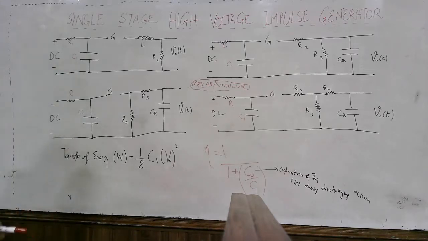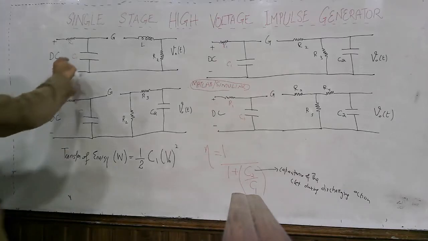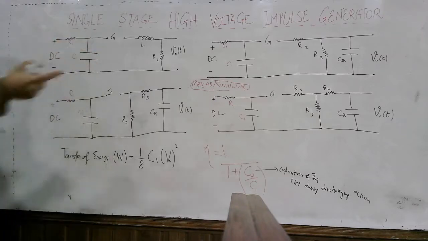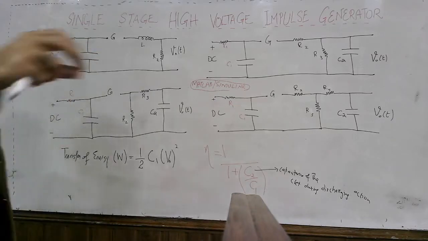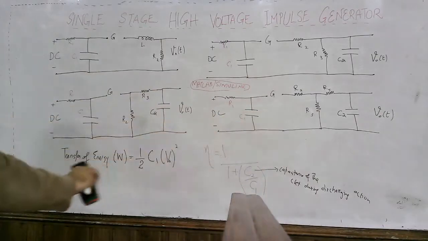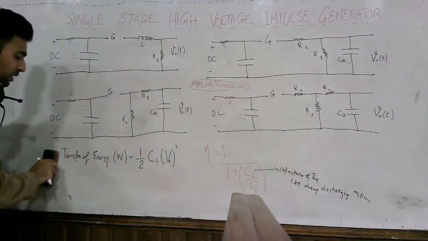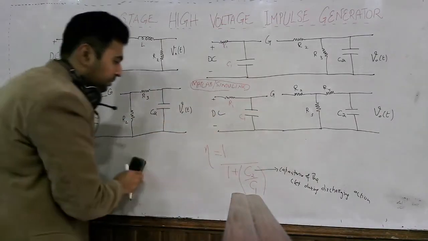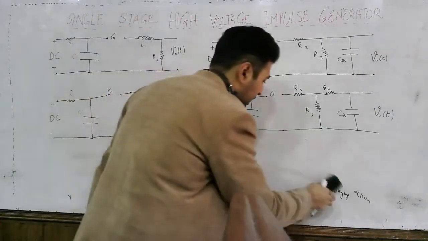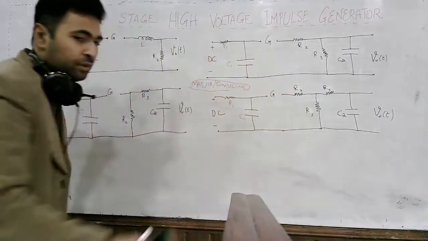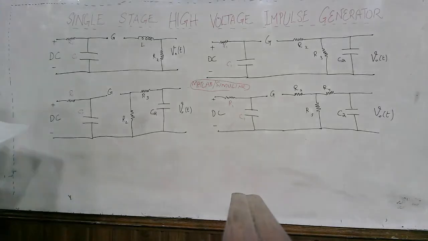And how to select this capacitor? This is an important thing. How should you calculate the value of the charging capacitance? That is given by a simple formula. How these formulas are derived is none of your concern.